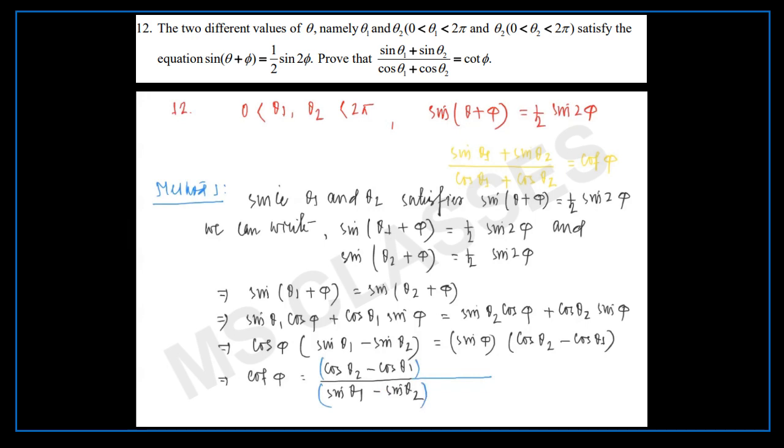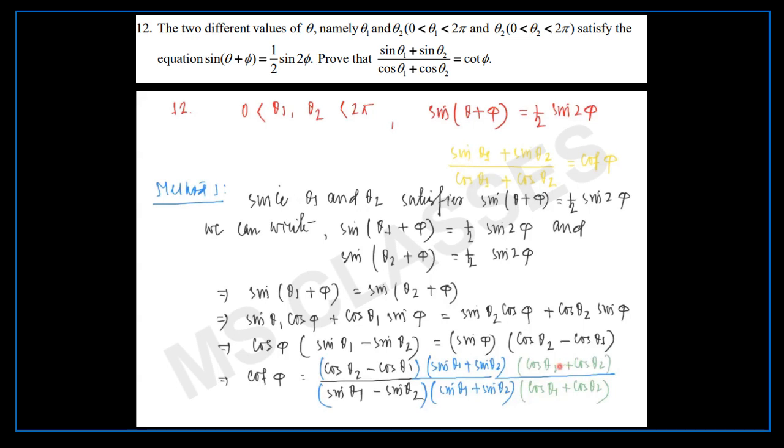We multiply the numerator by sin theta 1 + sin theta 2, because we don't have that in the numerator and we need it. Similarly, we don't have cos theta 1 + cos theta 2 in the denominator, which we need in the proof. So we take that extra cos theta 1 + cos theta 2, and we write cos theta 1 + cos theta 2.